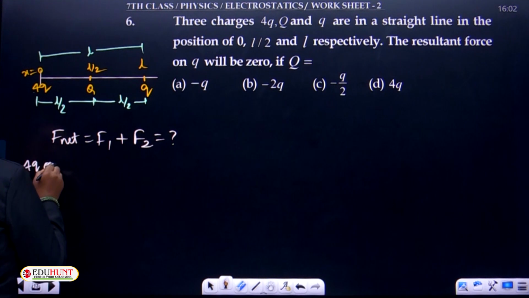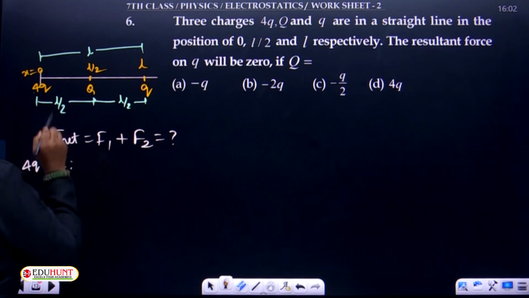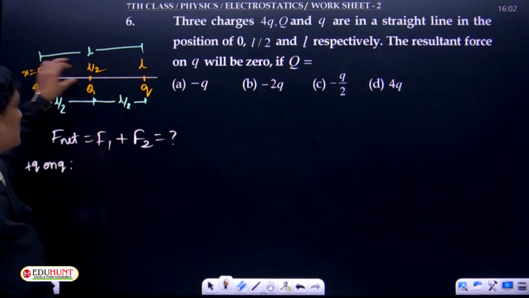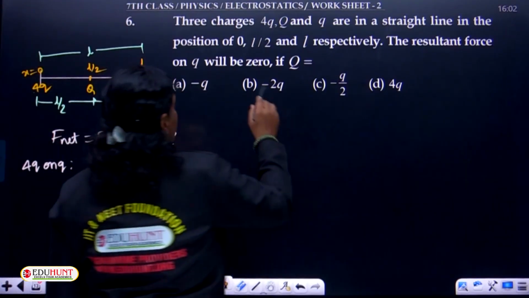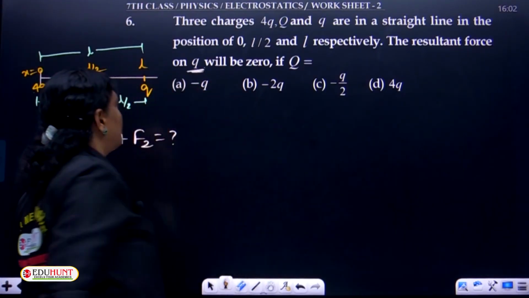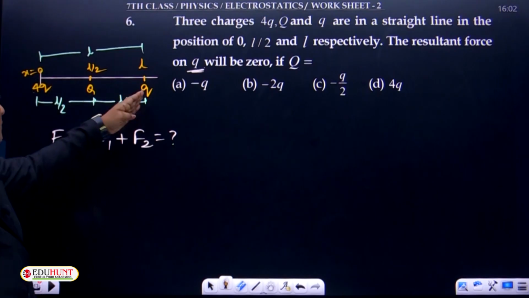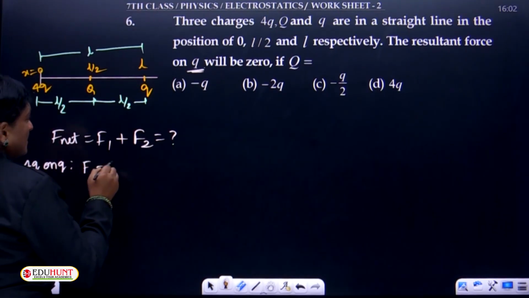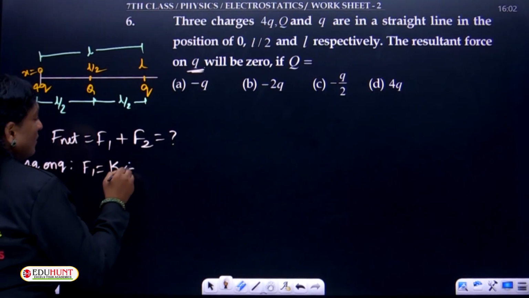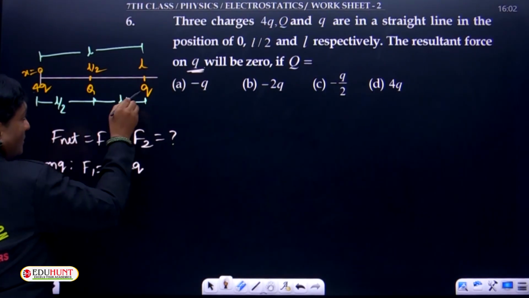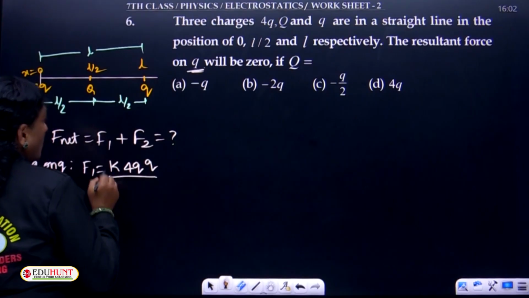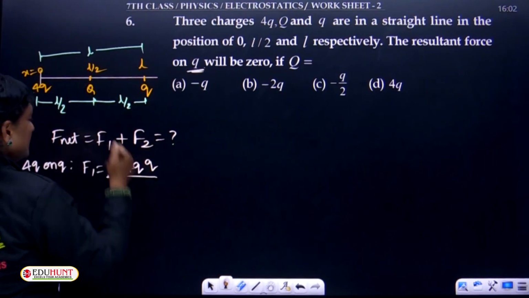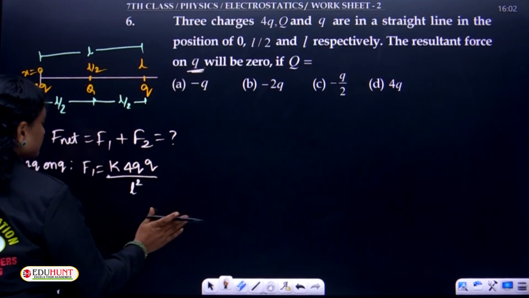Because finally the resultant force on q is asked, 4Q exerts some force on q, and that force is given as F1 equals K times 4Q into q upon the distance between them, L square.